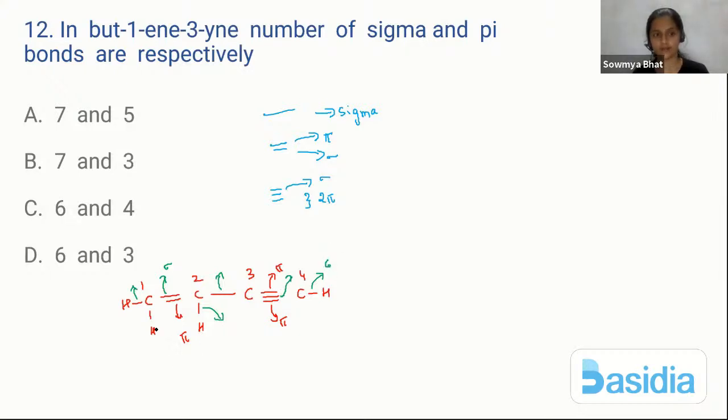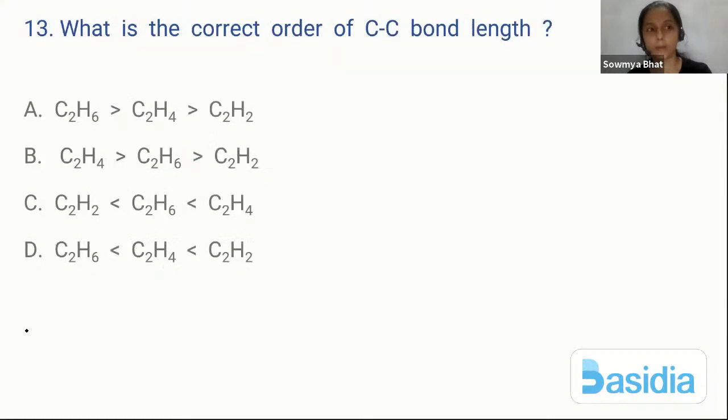We are remaining with the one here. So 1, 2, 3, 4, 5, 6, 7. So it should be 7 and 3. Again, you have to see first sigma is given and then pi bond is given. So they may give it as 3 and 7 also. So you should be careful. So the correct answer would be option B, 7 and 3.